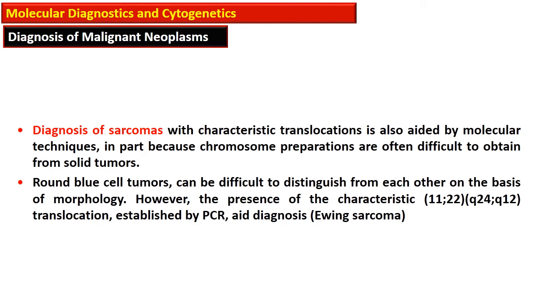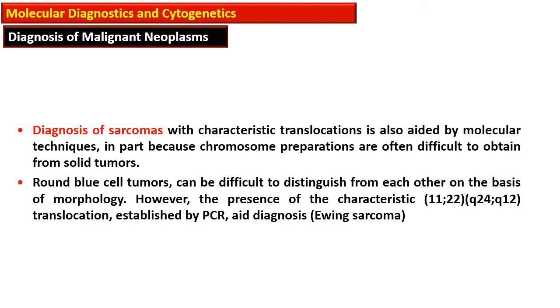This is done by molecular technique, in part because chromosomal preparations are often difficult to obtain from solid tumors. For example, the round blue cell tumors are difficult to distinguish from each other.